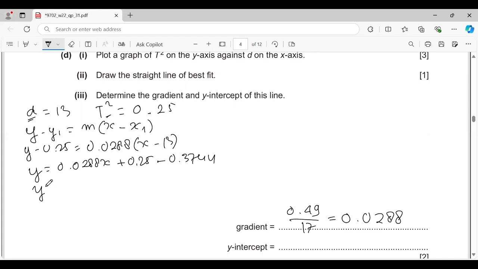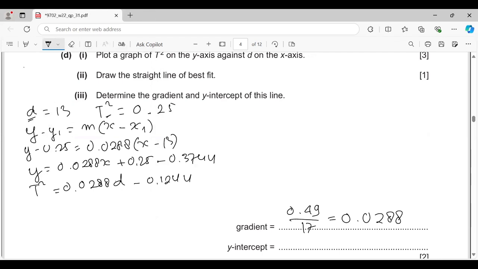So it becomes the equation, sorry, not y, but T squared. T squared equals 0.0288D minus 0.1244.